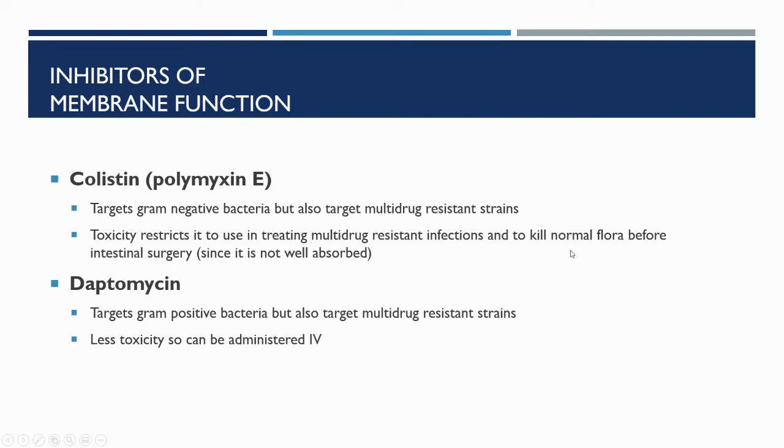It does kill the normal flora, so we use it for that in cases where we want to eliminate all bacteria, all potential for bacterial infection by opportunistic pathogens like before surgery. And then daptomycin targets gram-positives, and it's also used for multi-drug resistant strains. This has less toxicity, so can be administered through IV.